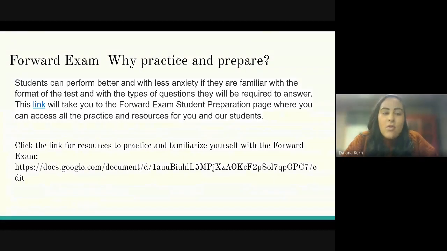Okay, so going back to the sensory, I just wanted to mention that since we are going to be talking about the Forward exam, the Forward exam this year is going to be for third graders, okay? But I would love for all of you to stay on so that you can listen and have a little sense of what will happen later on in your child's academic years.